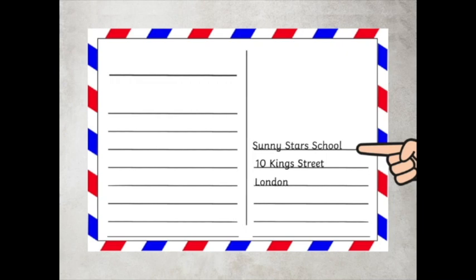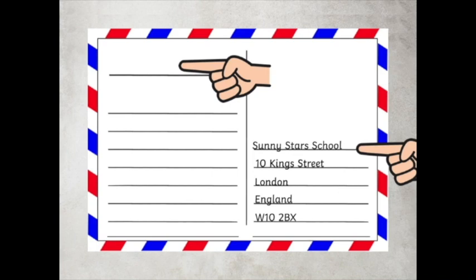Then the town or city, the country, and a postcode. So there we have my address, or my pretend school's address. Then I begin to write my message. I start with a greeting. Dear students.